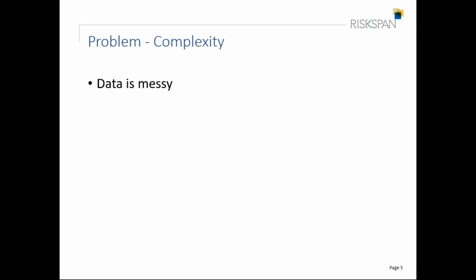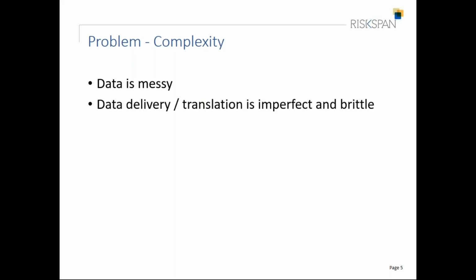So we see all kinds of small anomalies that end up causing bigger problems later on as data flows through our platform and becomes useful for analysis. So when you're analyzing data or when you're running it through a model, what was a small fluctuation at the beginning or a small difference between data sets can become quite large, and we'll look at that as we get through this. And then generally, delivery and translation is imperfect and brittle.